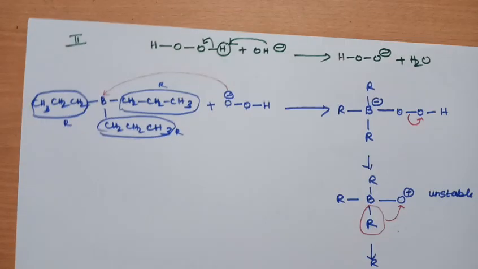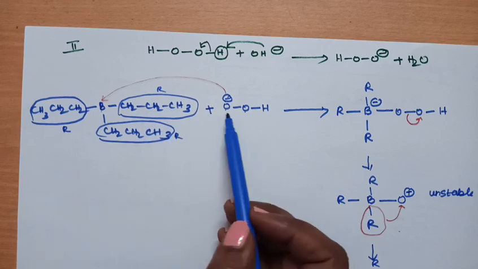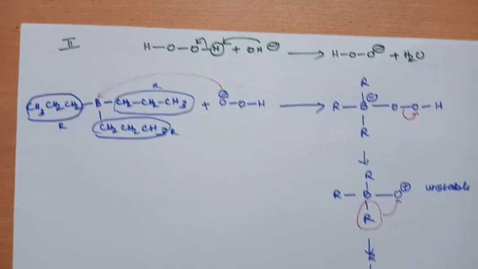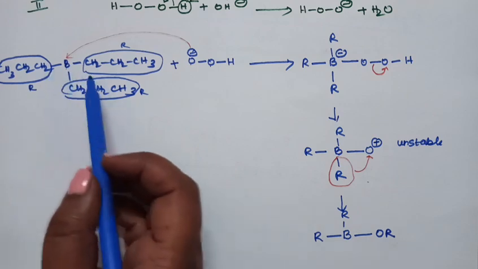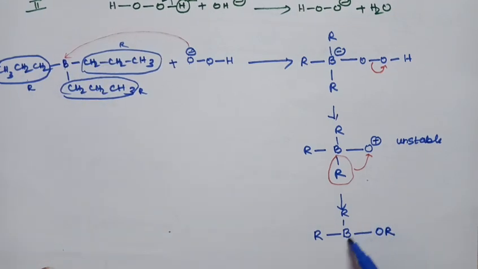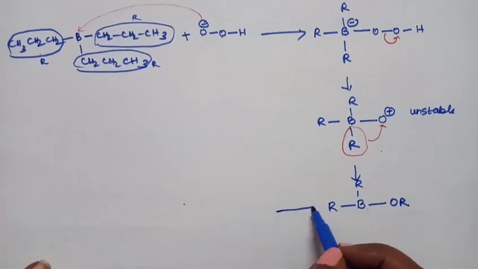See, we started with B and 3 R groups. We treated with HOO minus, and the product we are getting has 1 R group replaced by OR, and the other 2 R's are there. So again continue the same procedure.